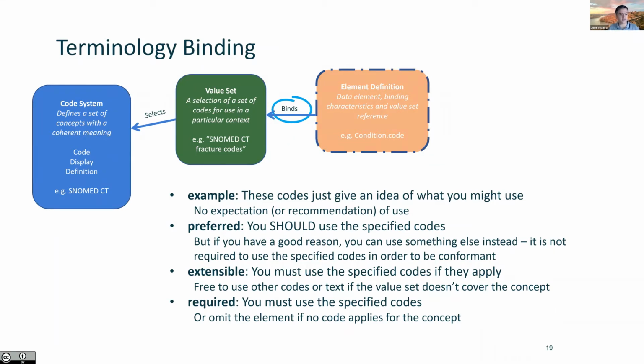If we say that this is an extensible binding, you can extend it, but you cannot change what's already there. If what is already there has peanut, and we say peanut is this SNOMED code, then you can only use that code for peanut. You cannot use the other ones.